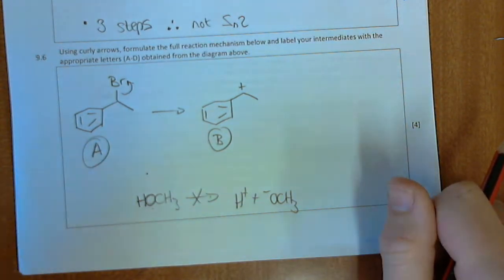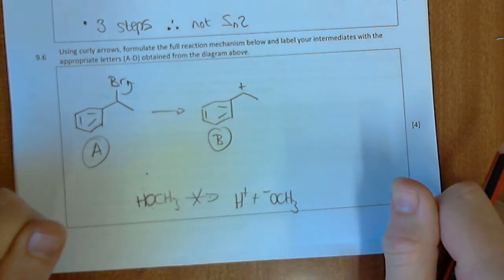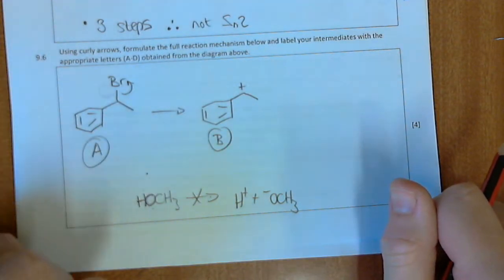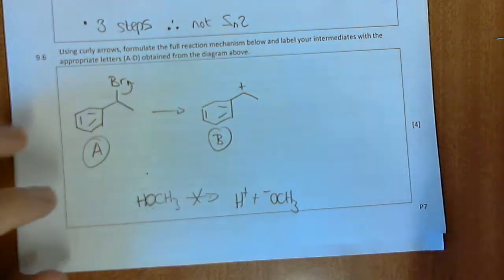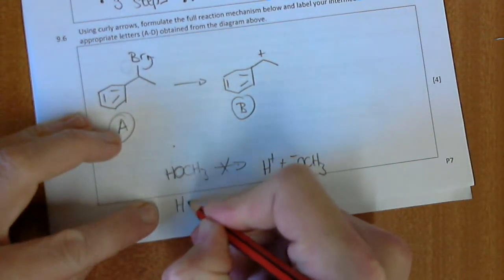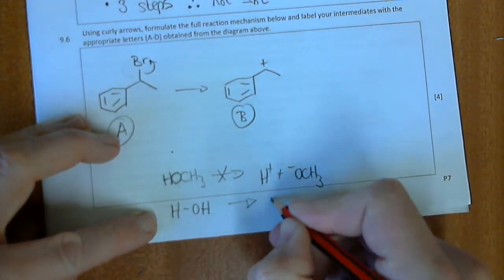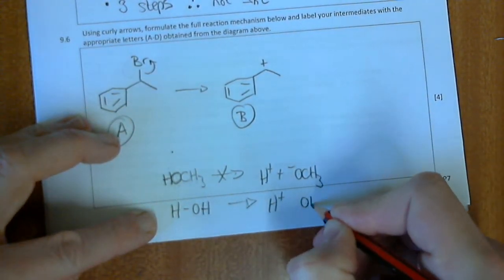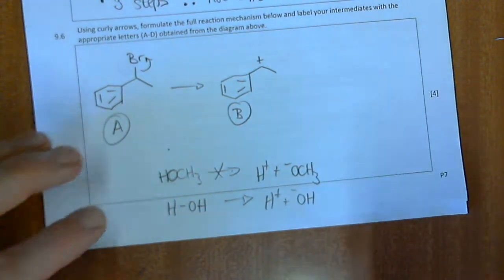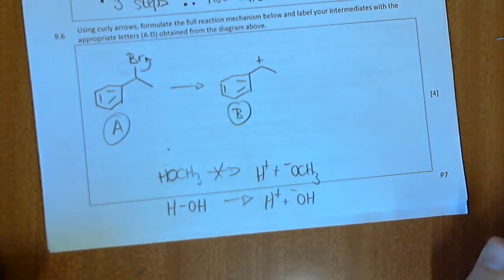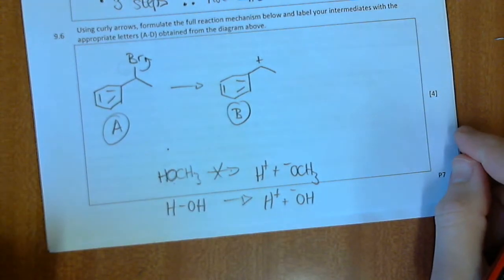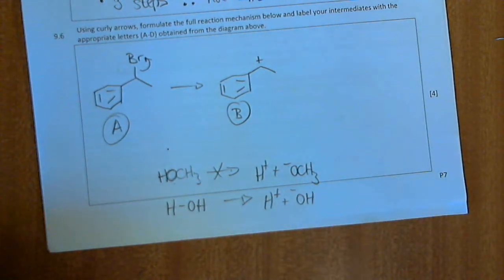It does not happen. It's a very difficult reaction for that to occur. You've got to add a strong base for something like that to occur. All right, this is the equivalent of taking H2O, that's water, and saying that water just spontaneously forms H plus and OH minus. It does not do that. If water did that, there could not be life on this planet. All right, it does not do that.